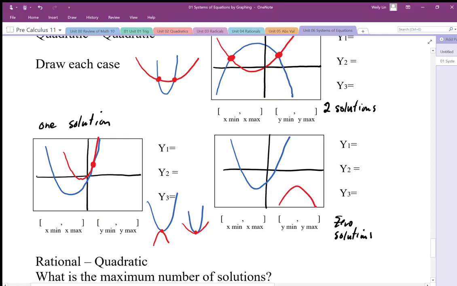We could also have parabolas nested in each other, a parabola like this and a parabola like this. This is either the same shape or narrower, and that would be a zero solution case as well. So we could have them facing the same direction, but with one nested inside the other, and there we can have a zero solution case.